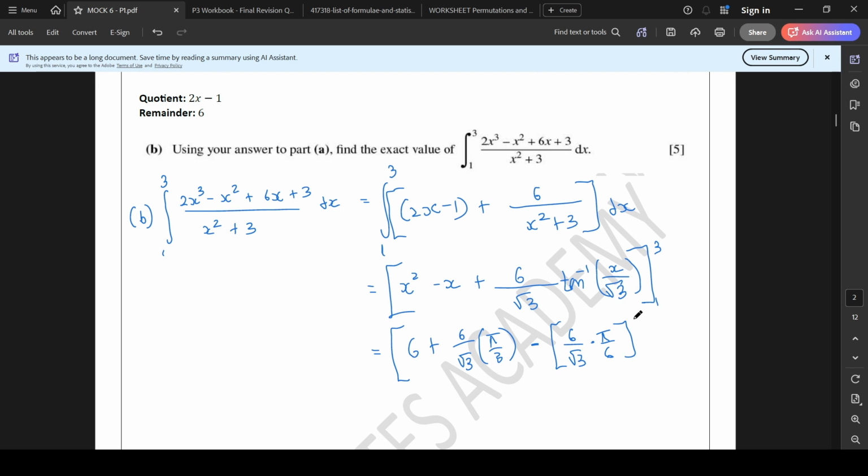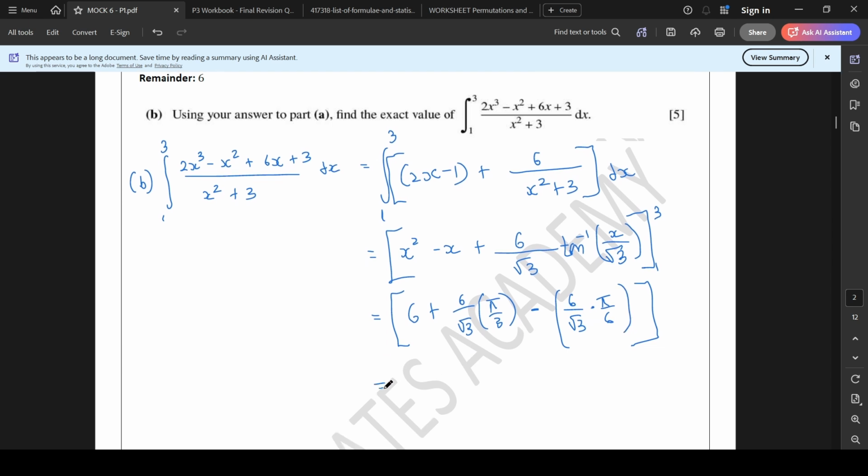Now it's easy to simplify over here for us. I can just use a parenthesis instead of a square bracket so that it looks proper. So if I simplify this from here, what will I get? So 6 plus 2 over root 3 pi, and then 6 goes out. You are having pi over root 3.